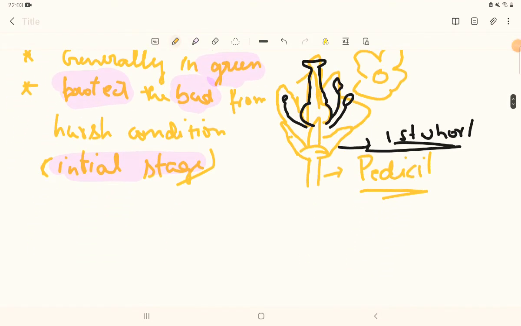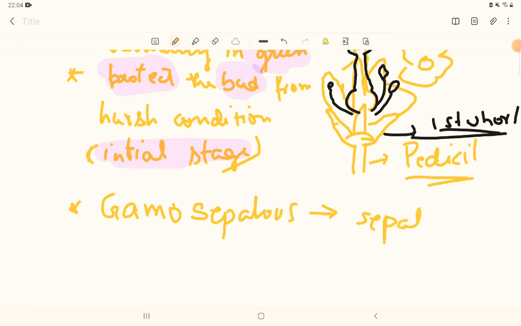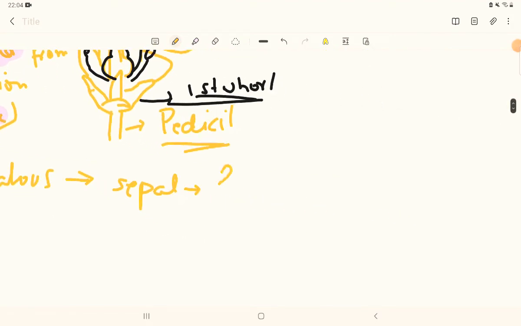Next, there are two types of sepals. One is gamosepalous, in which the sepals are fused.